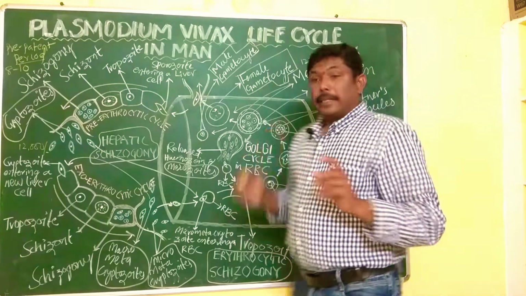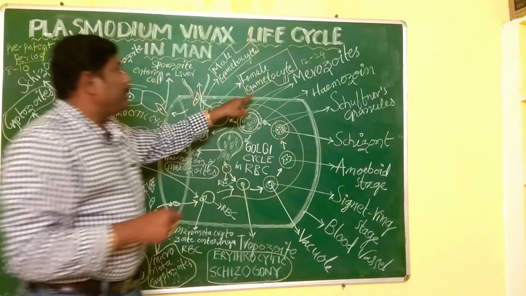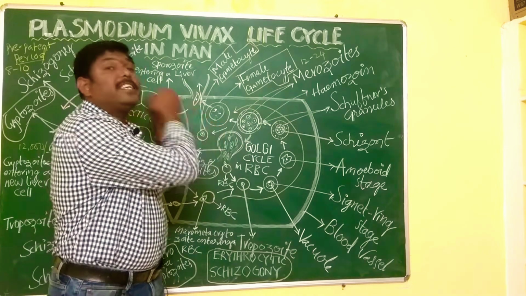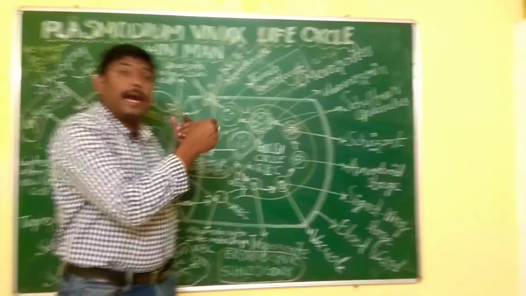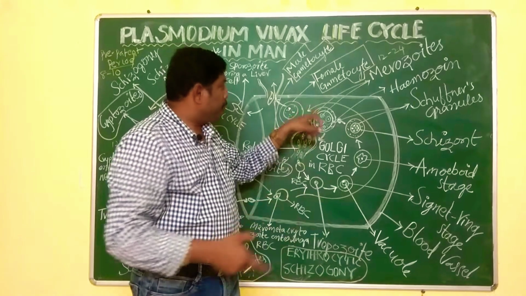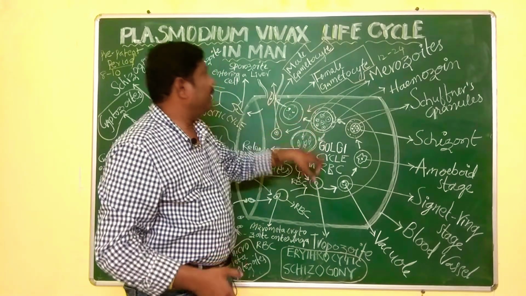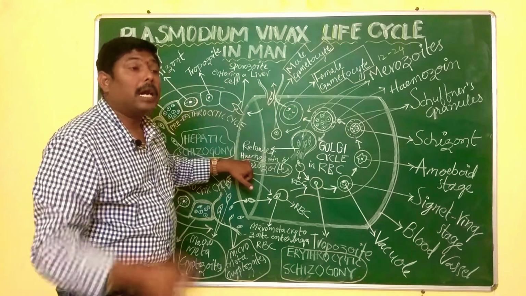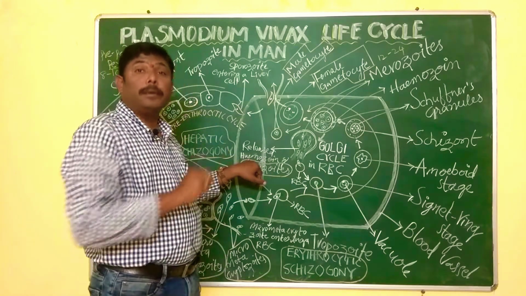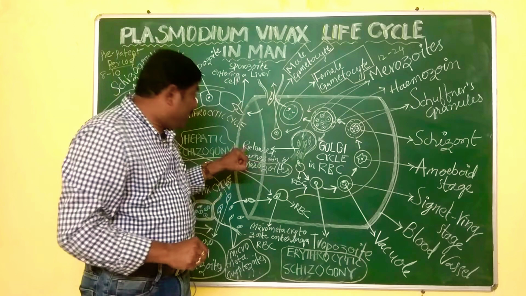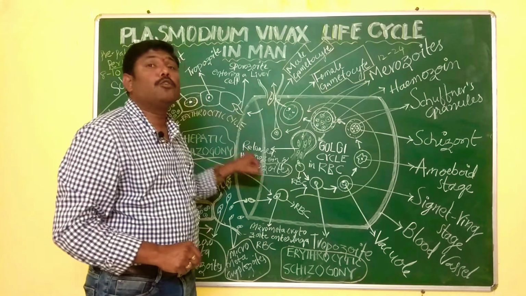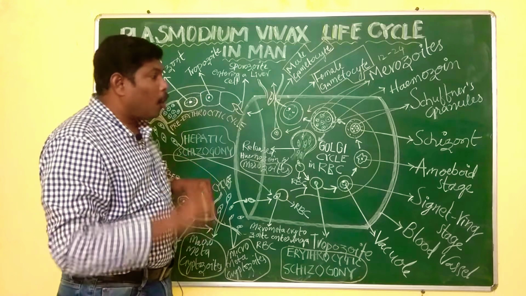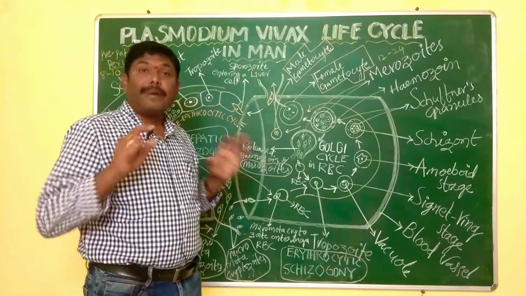Okay, and after the formation of merozoites, the RBC ruptures. As a result of that, the merozoites and at the same time the hemozoin are released into the blood. Because of this hemozoin, the patient gets a disease called as malaria.